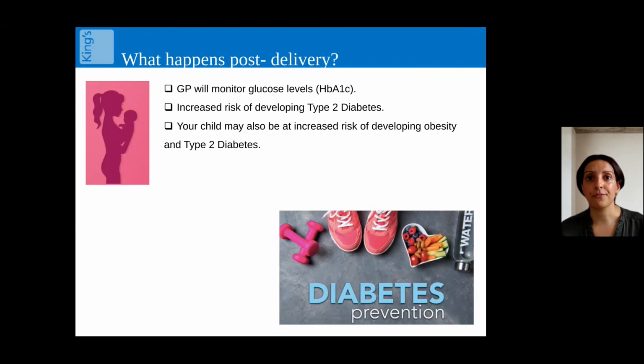Keeping physically active, as well as maintaining a good meal pattern and healthy balanced diet, can also go a long way to support this. If you would like more support with diabetes prevention, there is an NHS diabetes prevention program available, which your GP can discuss with you and refer you into if it's appropriate.